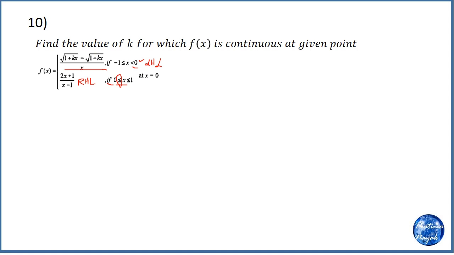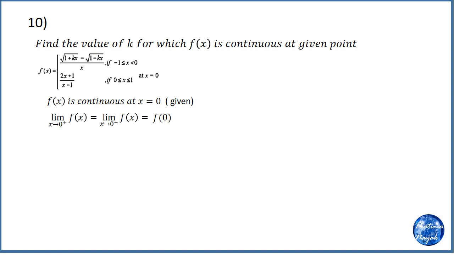So all three are equal to each other, and whenever x is equal to 0, this is the value. So now f(x) is continuous at x equal to 0. So you will write limit x tends to 0 plus f(x) is equal to limit x tends to 0 minus f(x) is equal to f of 0.